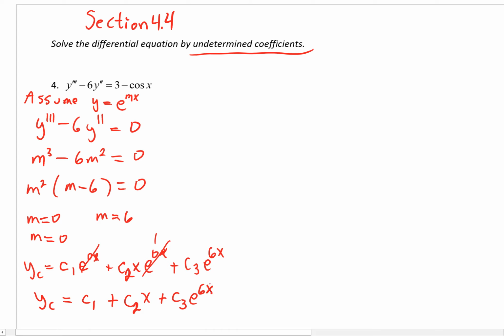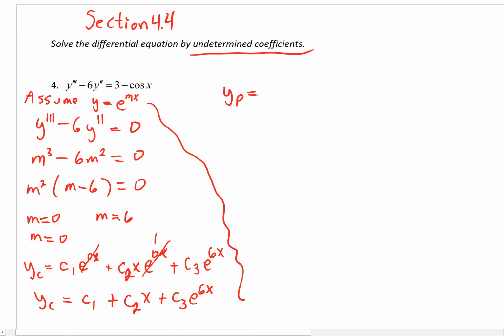Now, that's not going to be your final answer. It's going to be part of it. We're going to need that. We're going to use that in just a moment. However, what we are going to do right now is we're going to look for a particular solution.